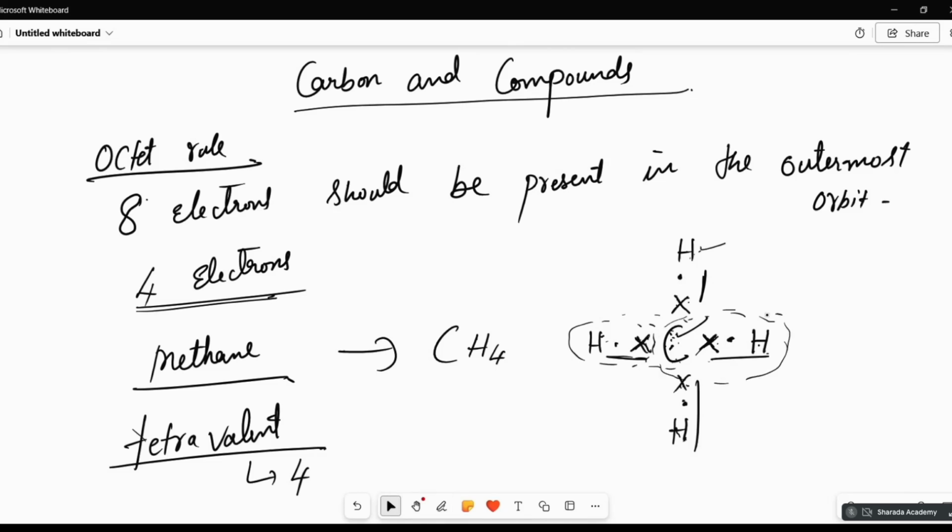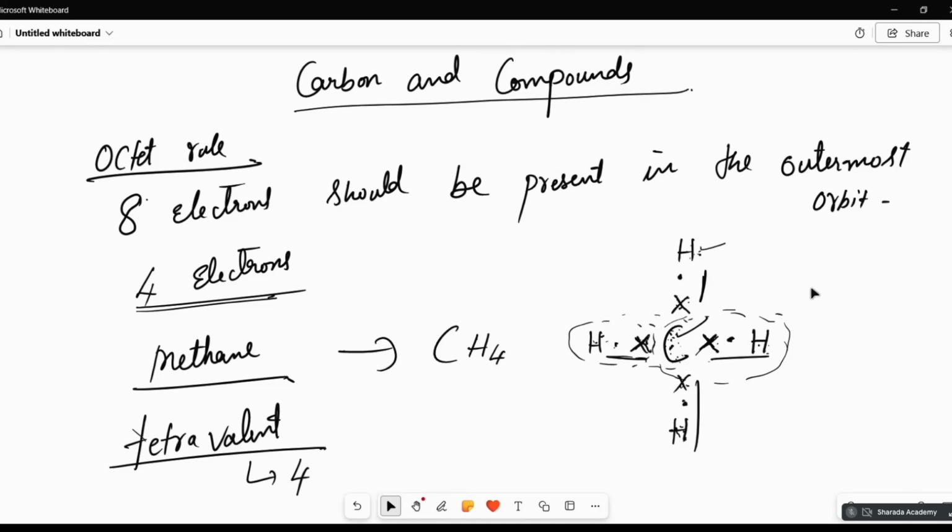Likewise, each of the other electrons revolves around the carbon and its hydrogen, and each carbon electron rotates around the carbon as well as the hydrogen. That's how it is formed.